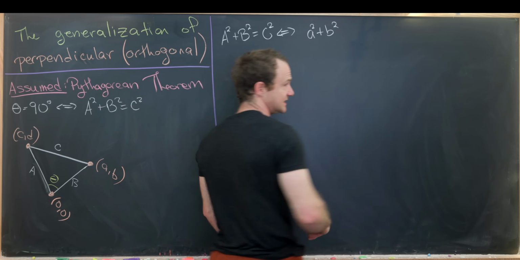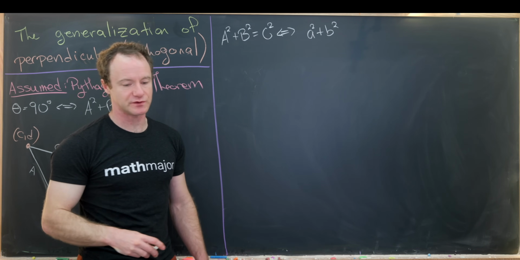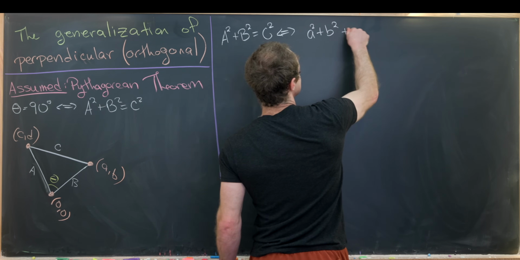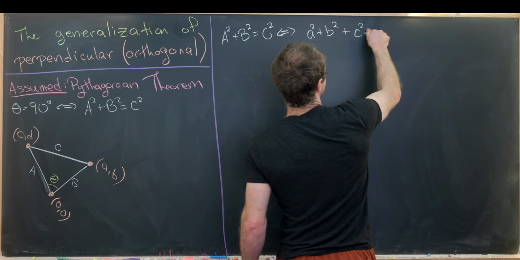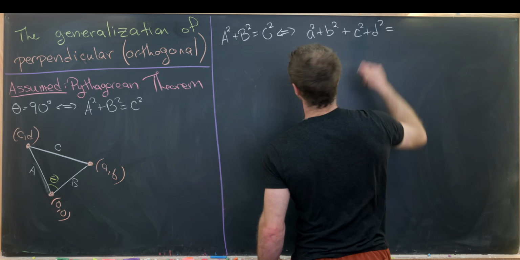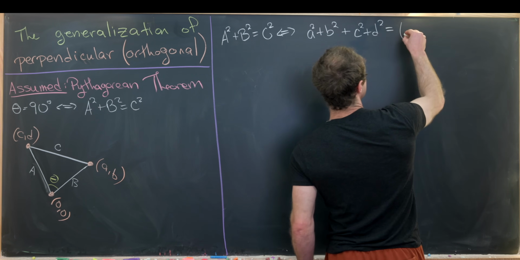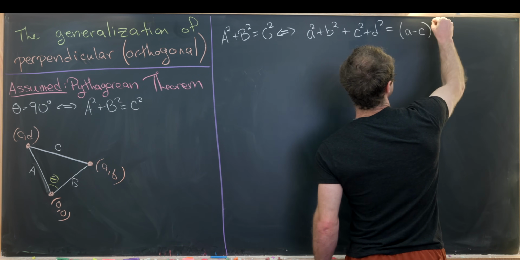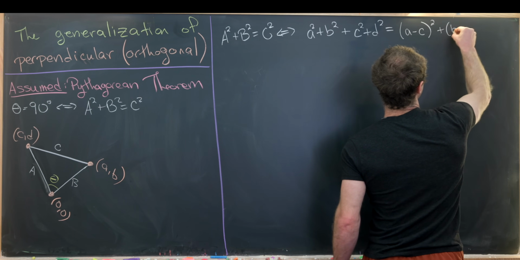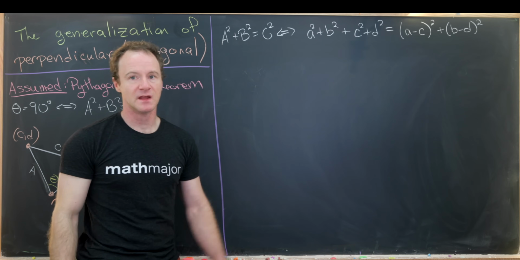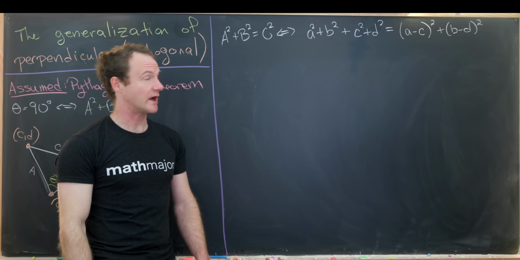So that's pretty easy to check just with the distance formula. We won't do that super carefully. And then the distance squared from the origin to C comma D is likewise C squared plus D squared. And then the distance squared between these two, again by the distance formula, is (A minus C) squared plus (B minus D) squared. Great.